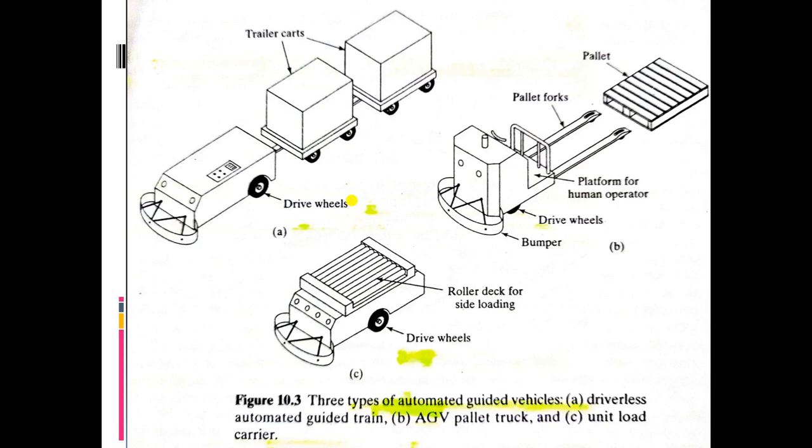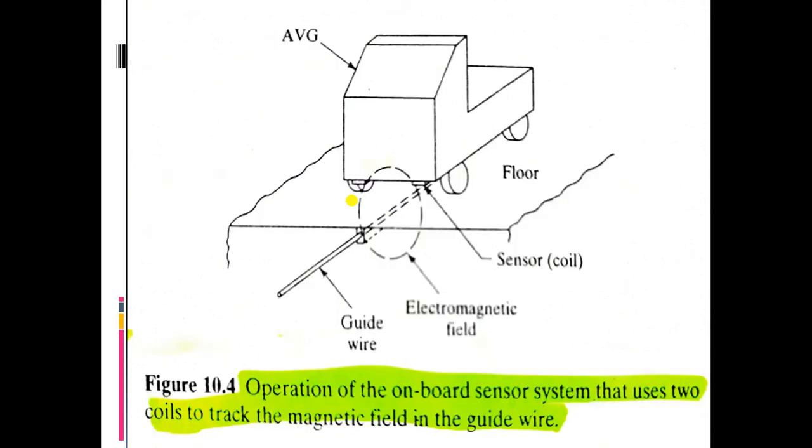Basically, this module will give an overview of the different storage systems, different transport systems, and automated storage and retrieval systems. You can see here there will be a guide wire for this automated guided vehicle.